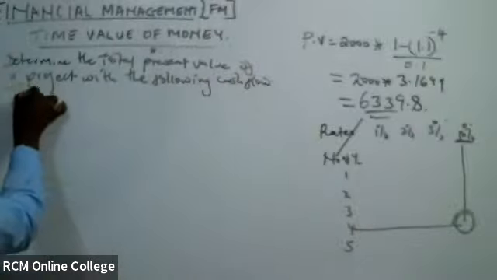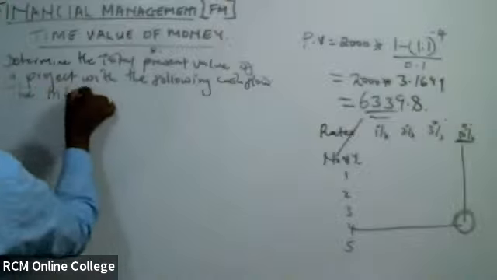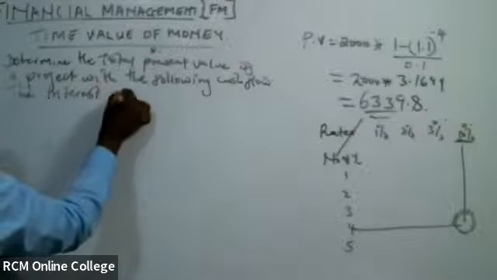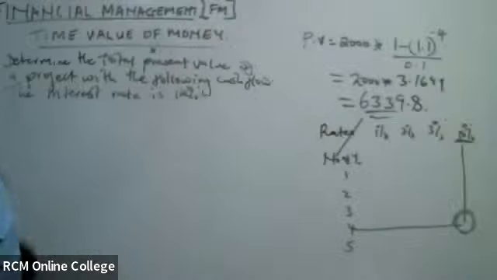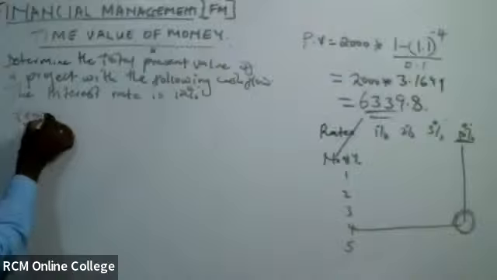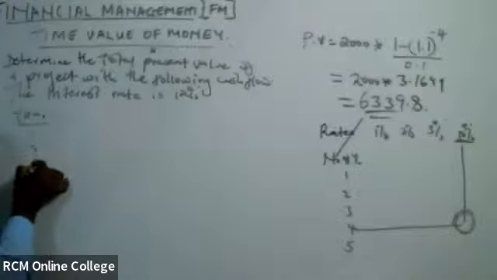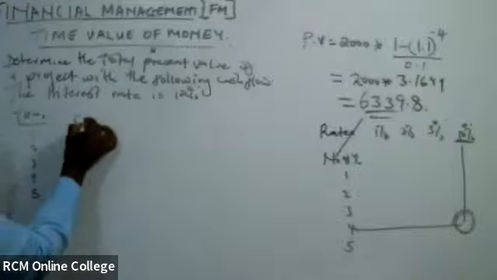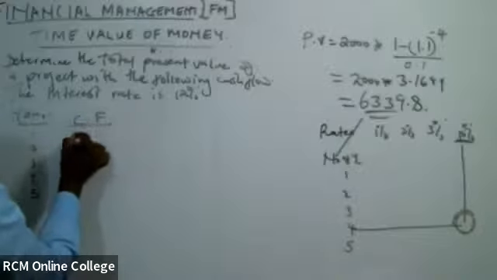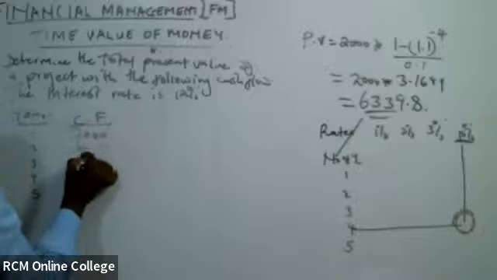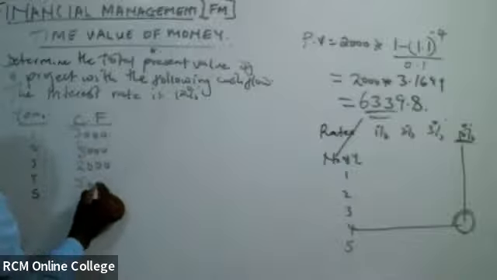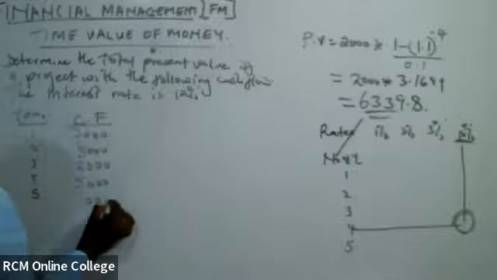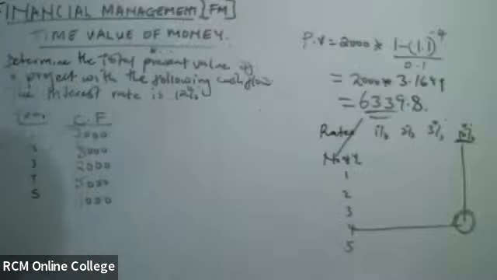The interest rate of the project, the rate of return, is 12%. So the project year 1, 2, 3, 4, and 5, and the cash flow is 7,000, 8,000, 2,000, 5,000, and 1,000.